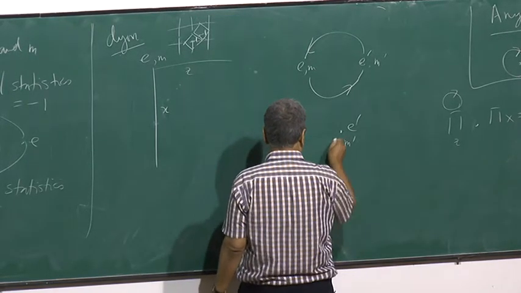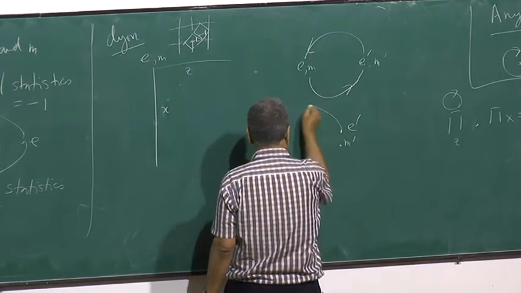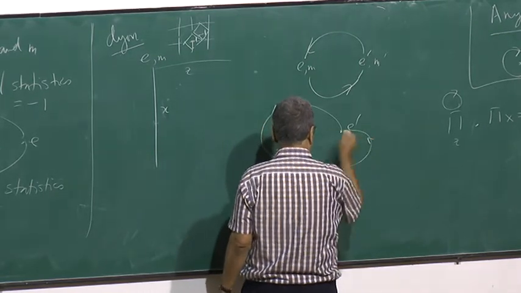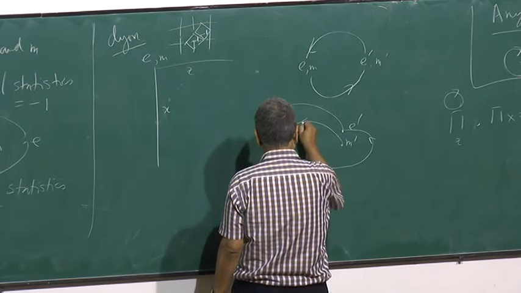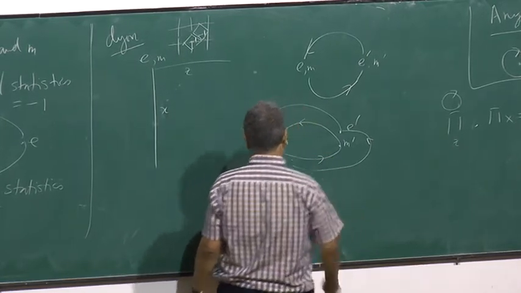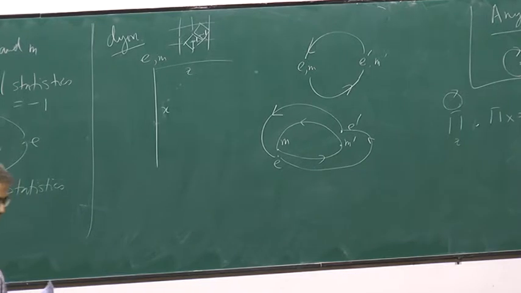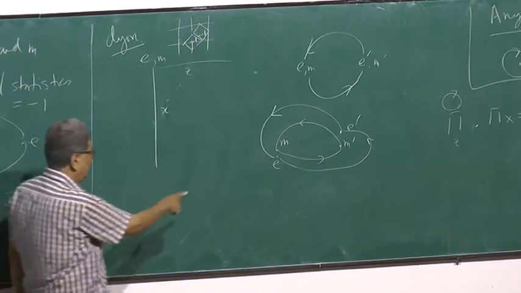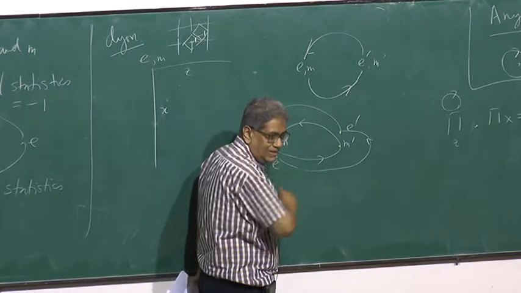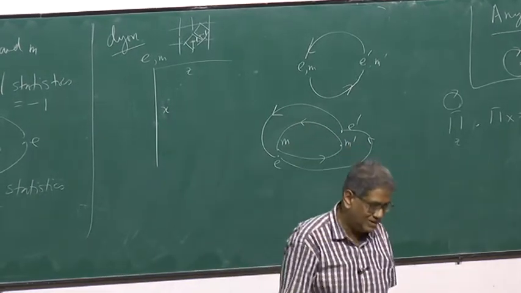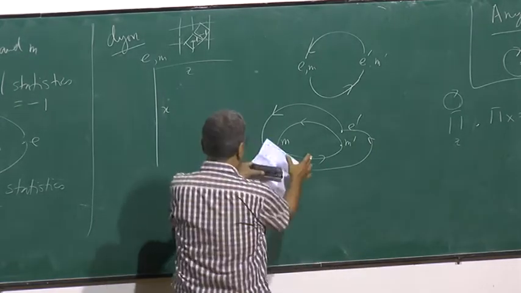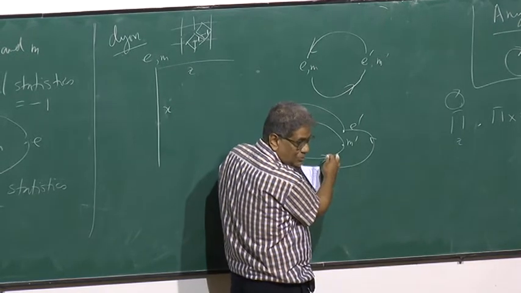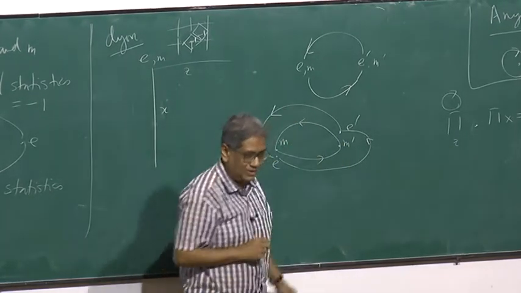What happens is that this E prime goes to this E, this E goes to this E prime, this M prime goes to this M, and this M goes to this M prime, right? But you can see that's really the same picture as this, because the M is always inside the E curve, right? So you can adiabatically map it to this situation where this M is not moving and E is going in a closed curve around it.